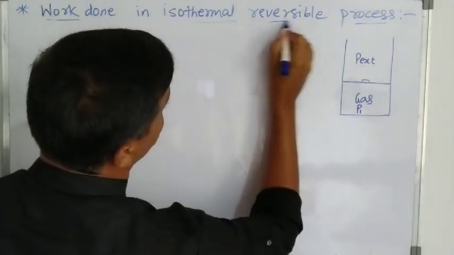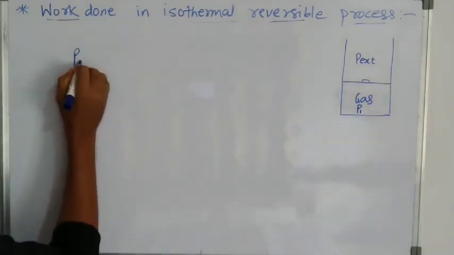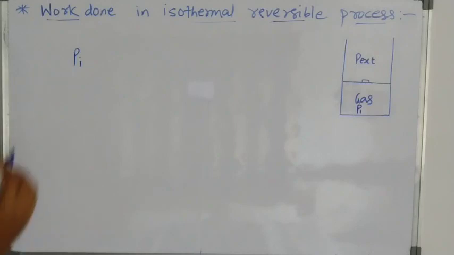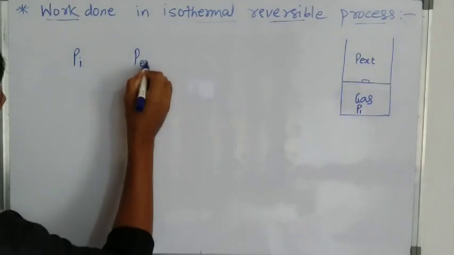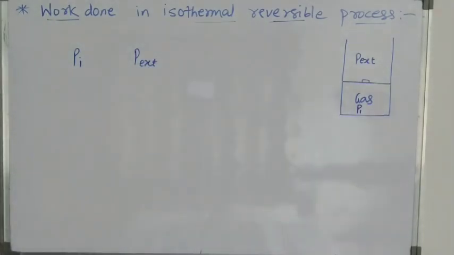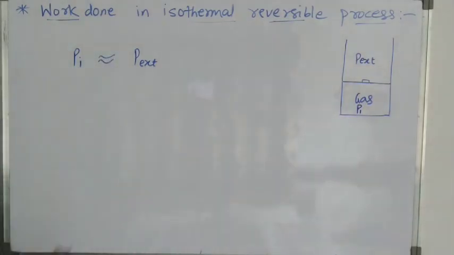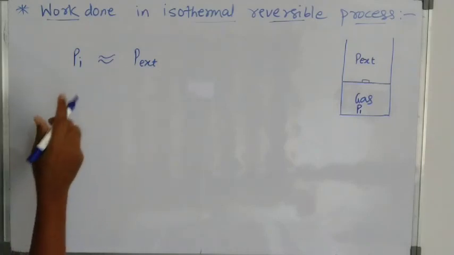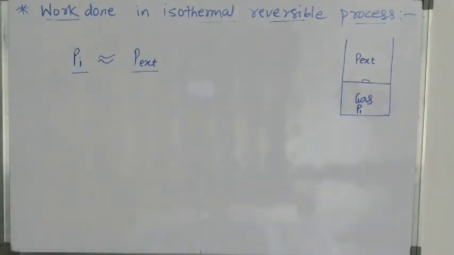Since it is a reversible process, the internal pressure of the gas, that is the system, and the external pressure, that is the pressure of the surrounding, differ only very negligibly, infinitesimally small. A very small difference is present between the pressure of the internal gas and the external surrounding.